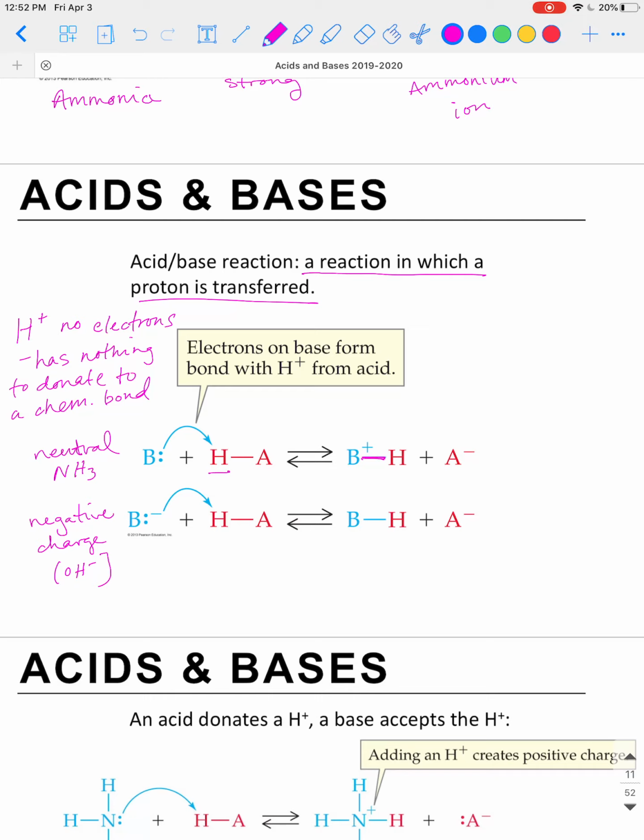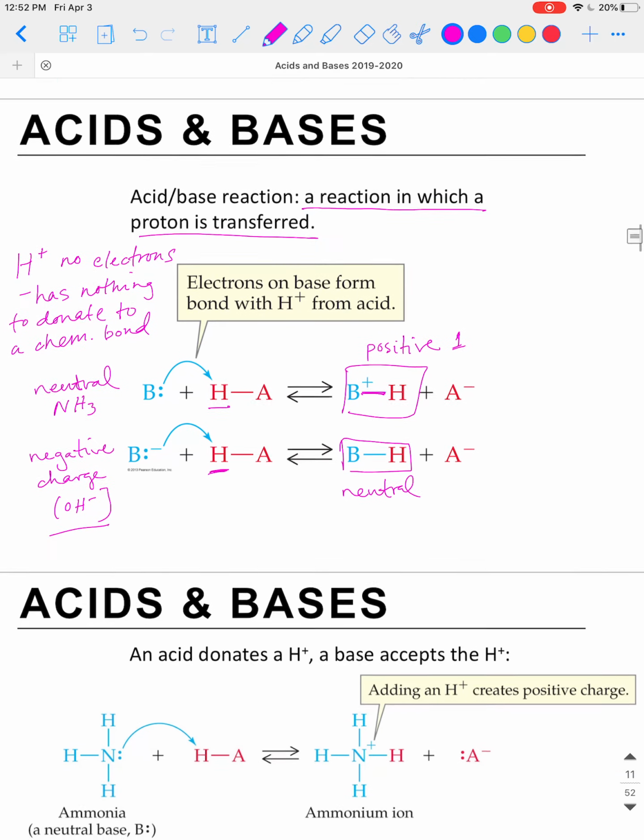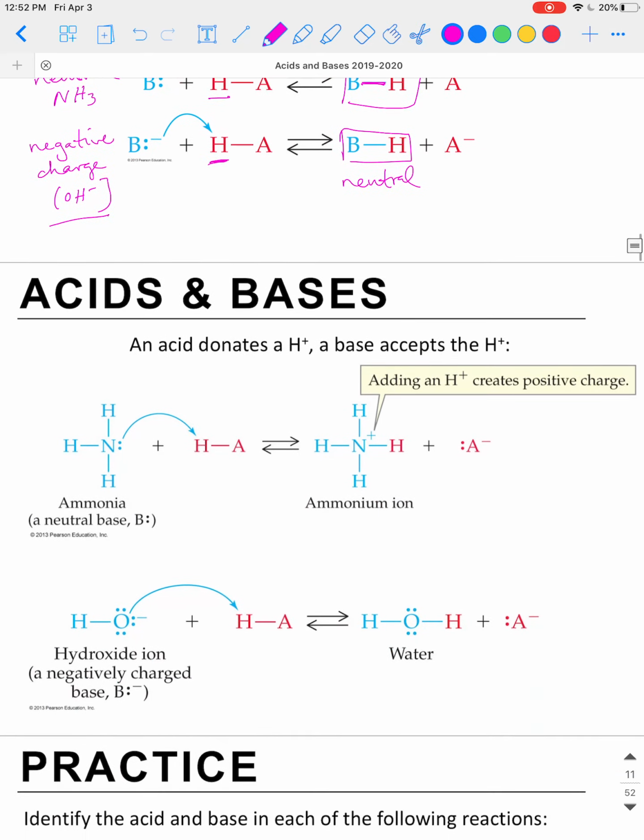But just know if it starts off neutral and then it grabs that acidic hydrogen, you're going to end up with a base, okay, that has a plus charge overall. If you start out with a base that has a negative charge and you add a positively charged hydrogen, it's just going to balance to zero, and you're going to end up with a compound that is neutral. No charge overall. Okay.